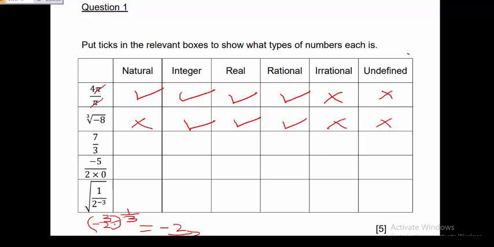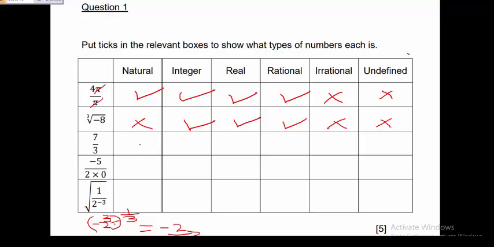Now for the third one, 7 over 3. Note that when you divide 7 by 3, you get 2 with a remainder of 1. If you put the fraction in your calculator, you'll get something like 2.11111.